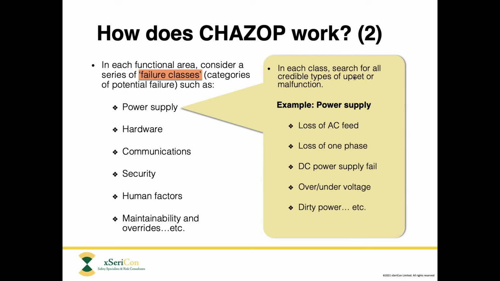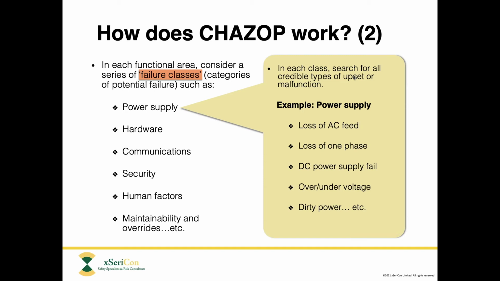Now, within each functional area, we then apply what in HAZOP would be called deviations. Rather than trying to apply the HAZOP deviations, such as more flow, no flow, high pressure, low pressure, and all those, we have a different set of prompt terms or categories of failure or categories of issue to look at, which I refer to as failure classes.